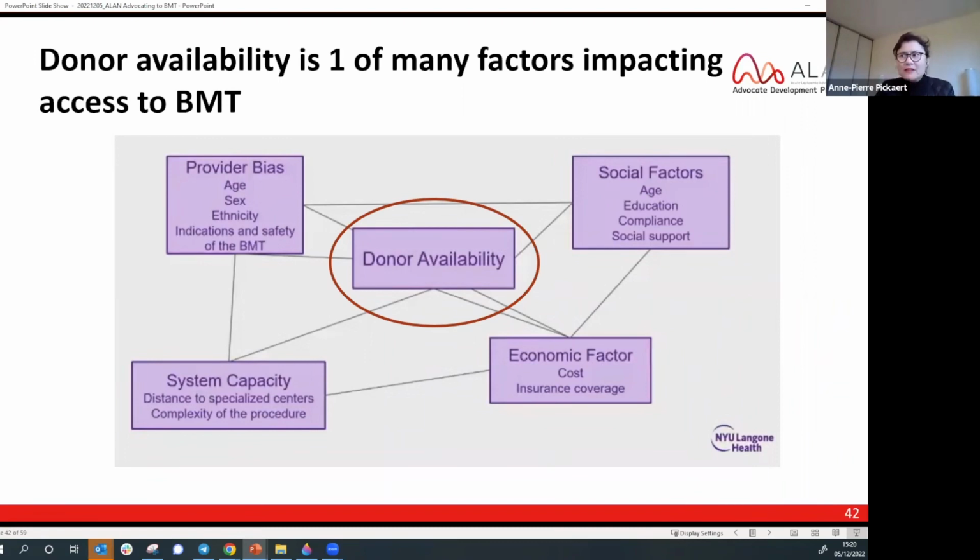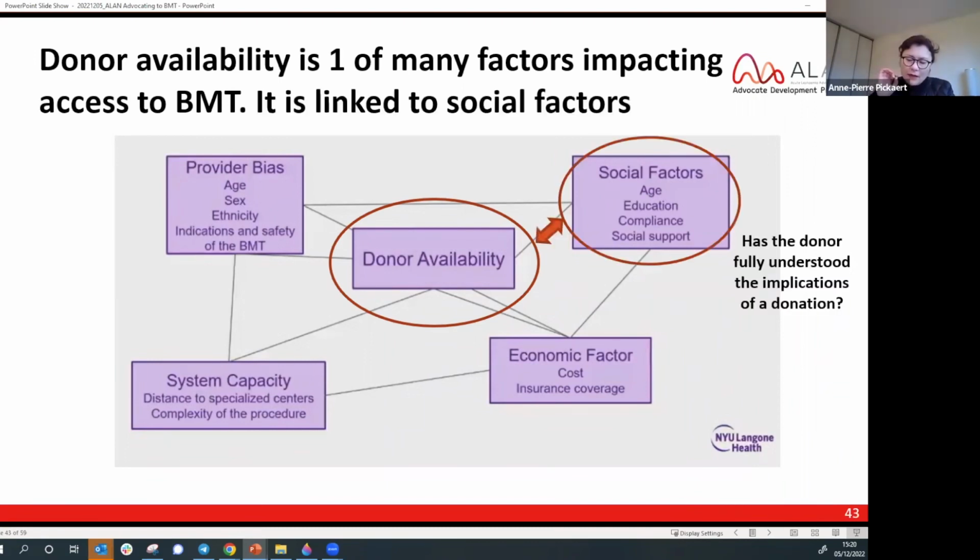But it's one aspect of them, because donor availability is also linked to social factors. As I mentioned, why are there more white Caucasians on the registry? Because this is the reason. There's an overrepresentation of white Caucasians like me on the registry, because there have been wider communication campaigns.